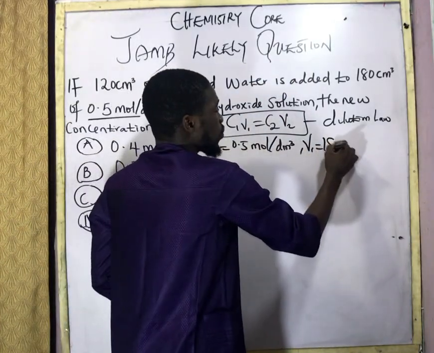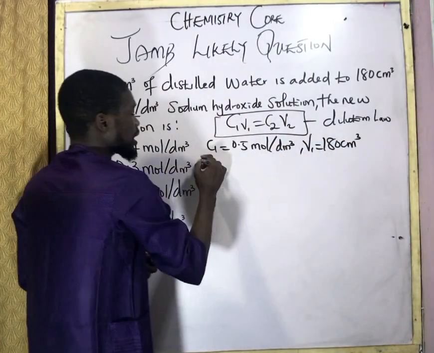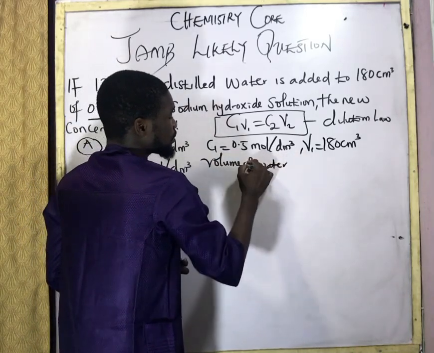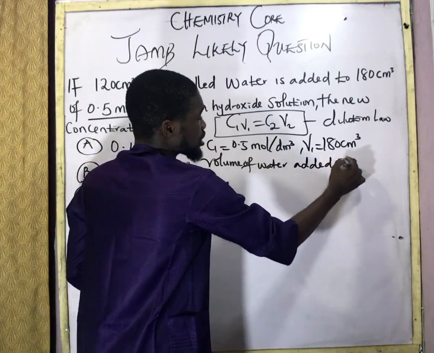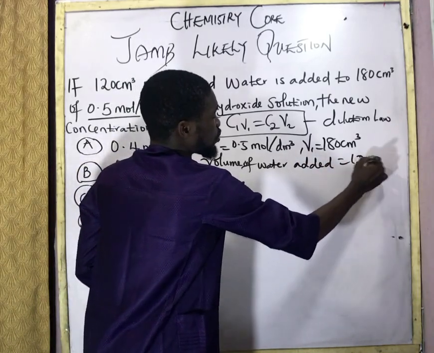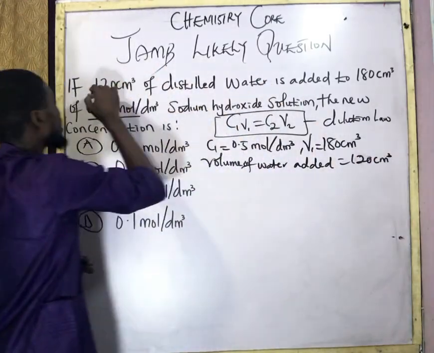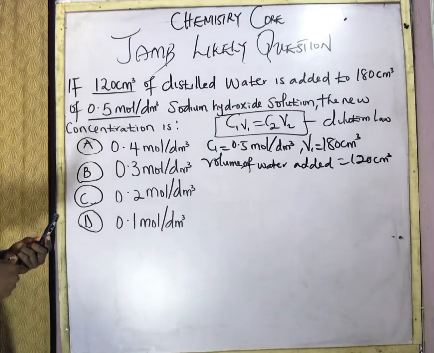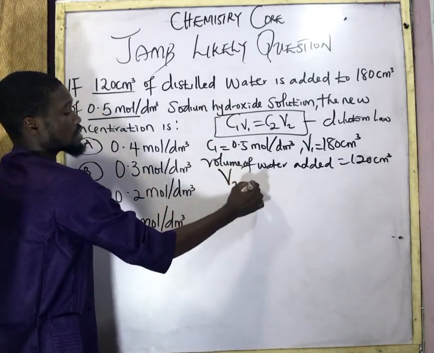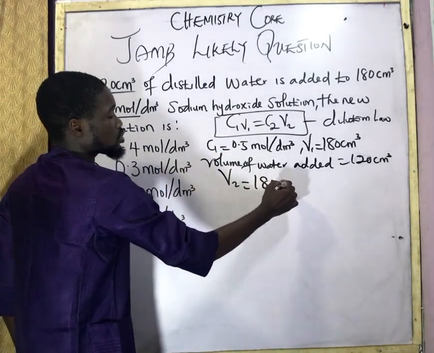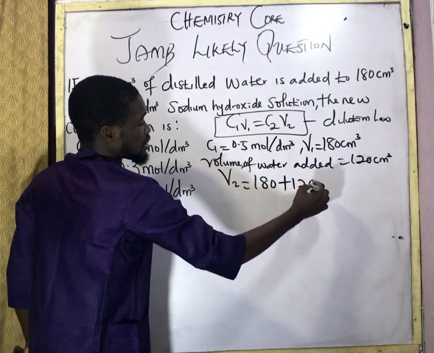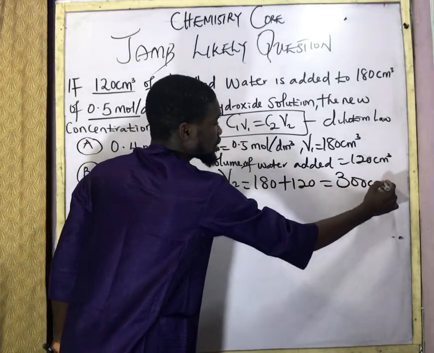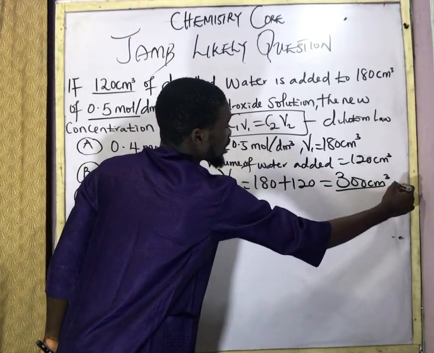So we have 180 cm³. The volume of water added is given to be 120 cm³. Now, for you to get your V2, the initial volume, which is 180, plus 120, which is the volume of water added, will give us 300 cm³. This represents our V2.